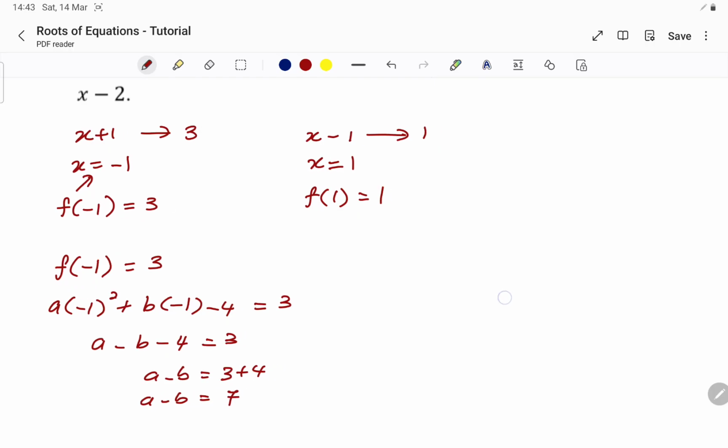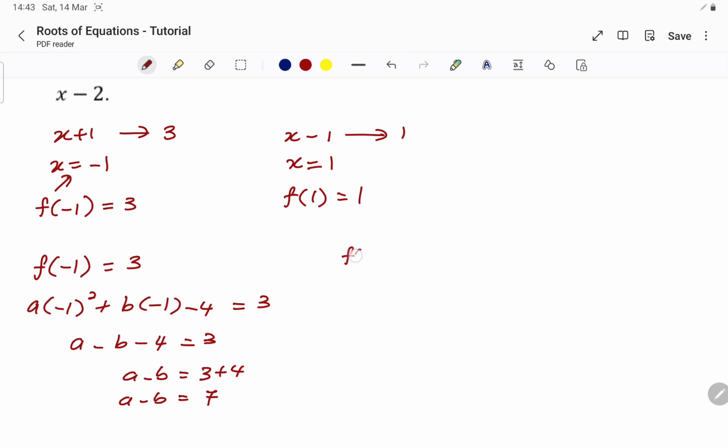And then another one, we have f of 1 equal to 1. So you substitute a times 1 squared plus b times 1 minus 4, equal to 1. Then you will get a plus b minus 4 equal to 1.